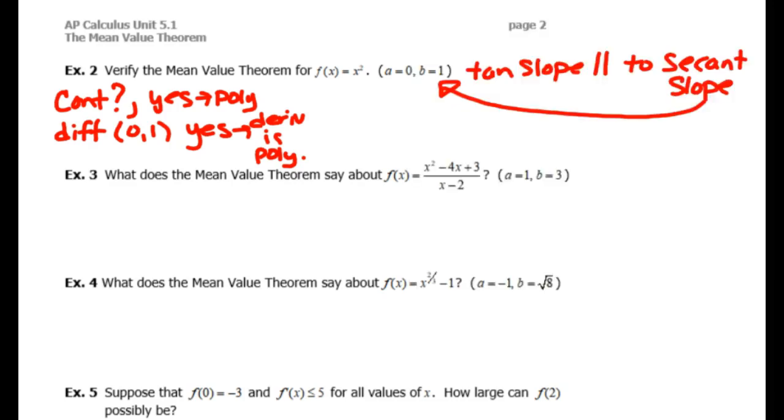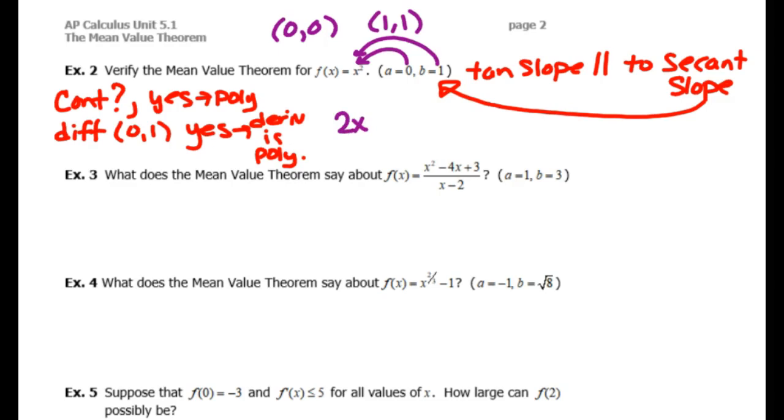from 0 to 1. So when I plug 0 into my function, I have the point 0, 0. And when I plug 1 into my function, I have the point 1, 1. And I need to set the slope of that equal to the derivative of x squared.